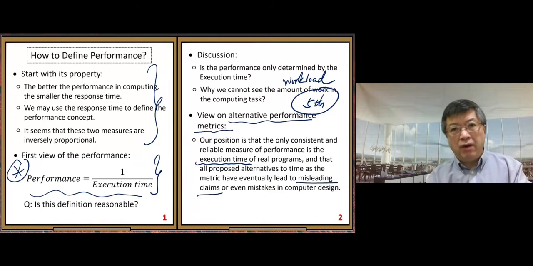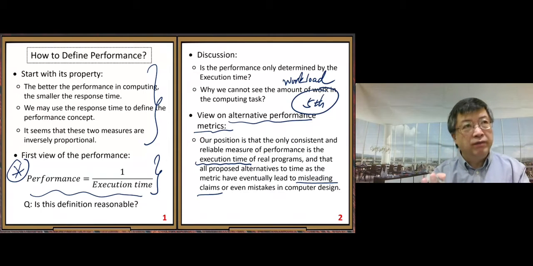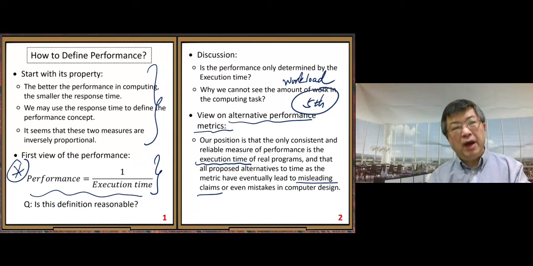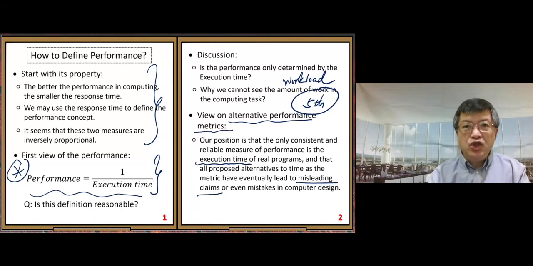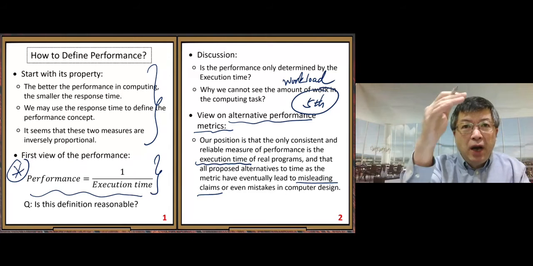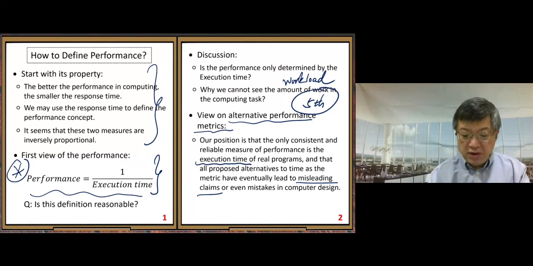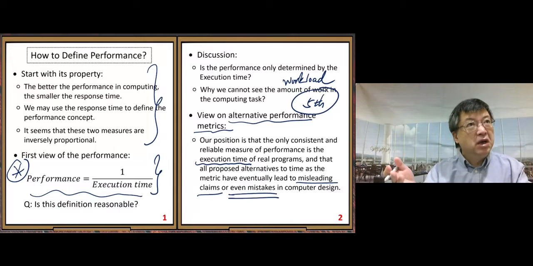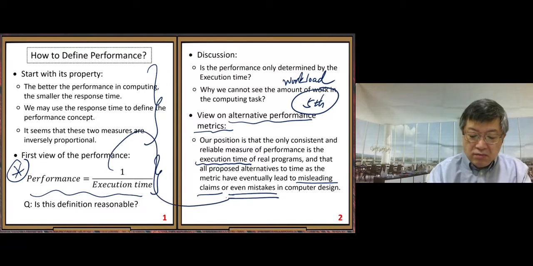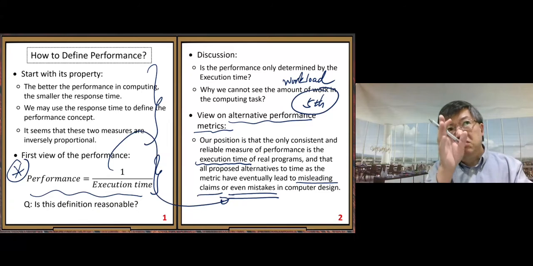So they add this paragraph and put an explanation here, although I feel it's still a vague explanation. Eventually led to misleading claims or even mistakes in computer design. Mistakes, see? So this measure could cause mistakes in computer design. So it's a big problem.